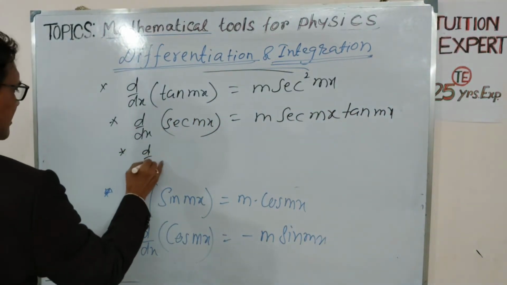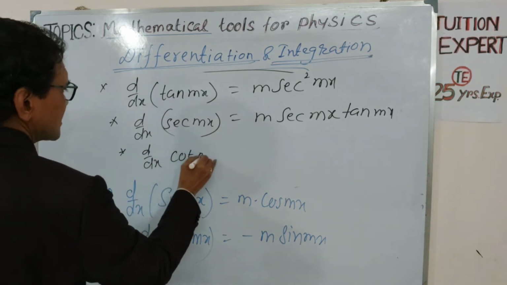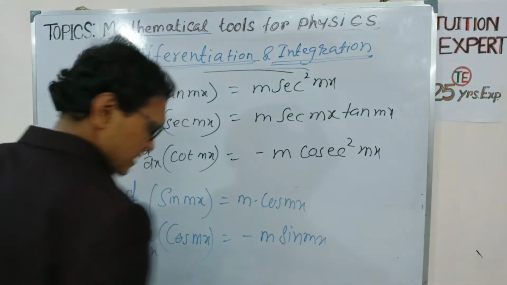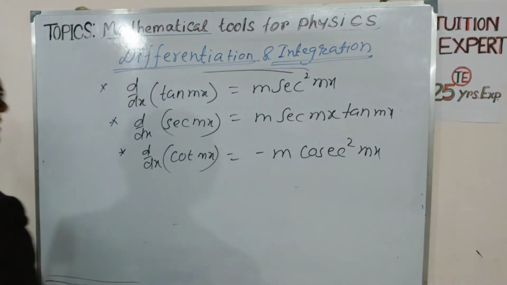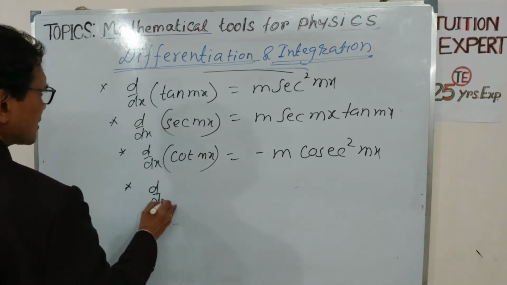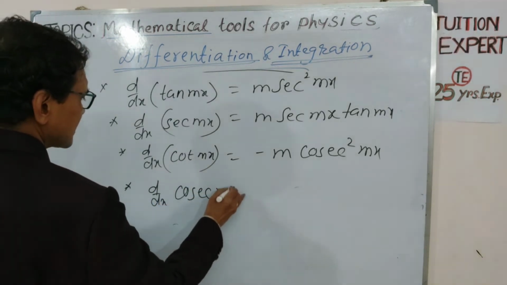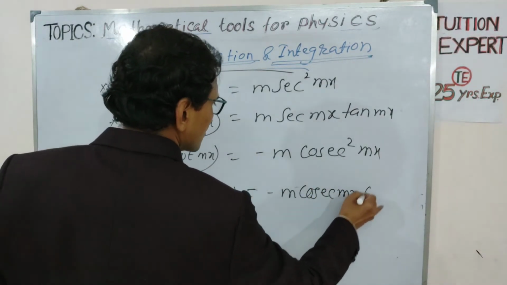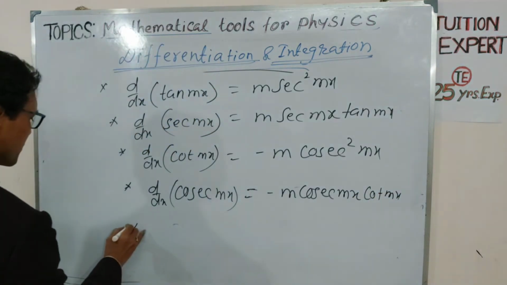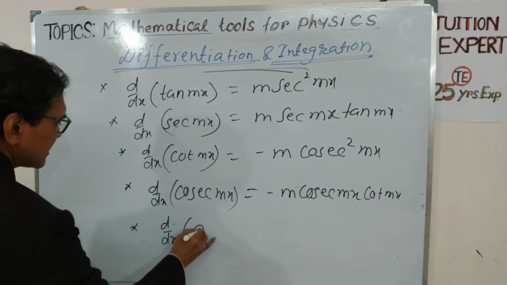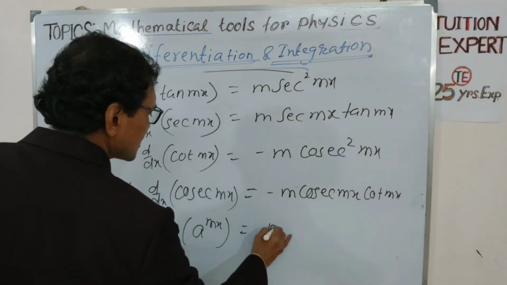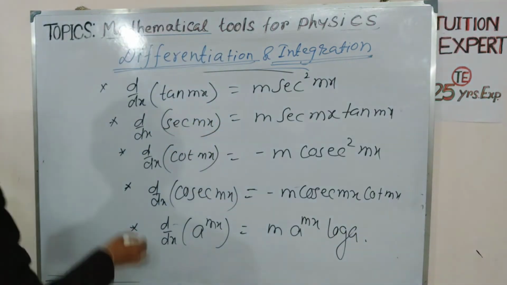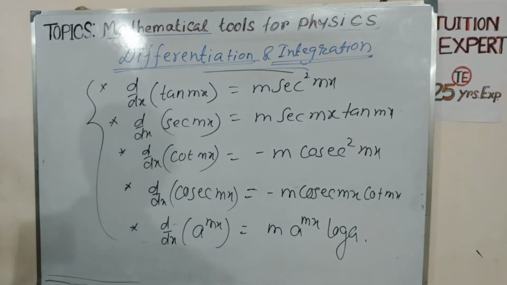Differentiation of cot mx equals minus m cosec square mx. Differentiation of cosec mx equals minus m cosec mx cot mx. Differentiation of a to the power mx equals m a to the power mx log a. So these are the formulas of differentiation.